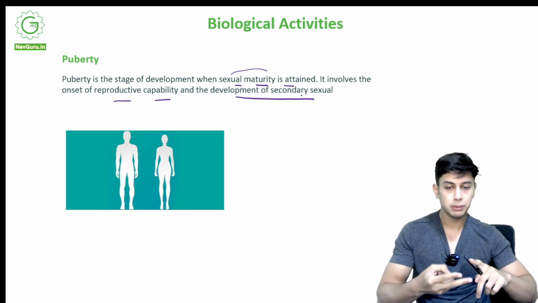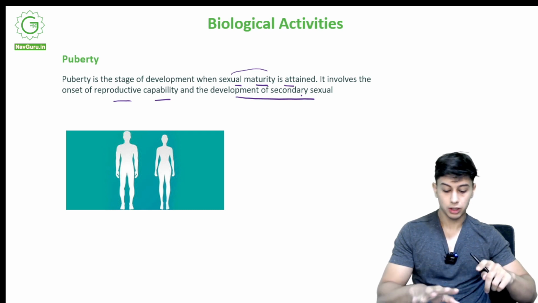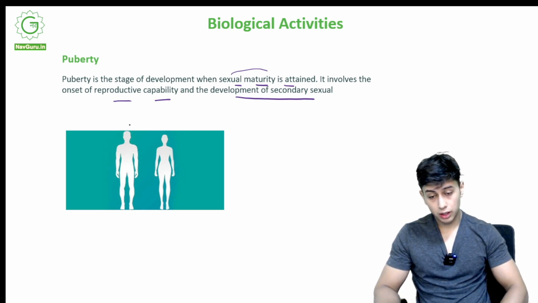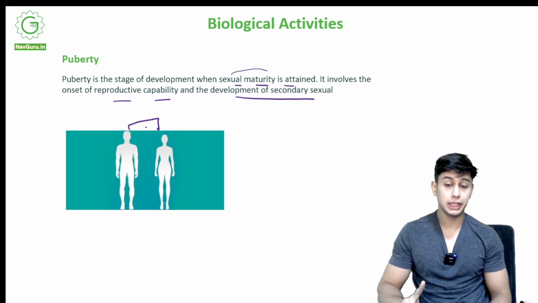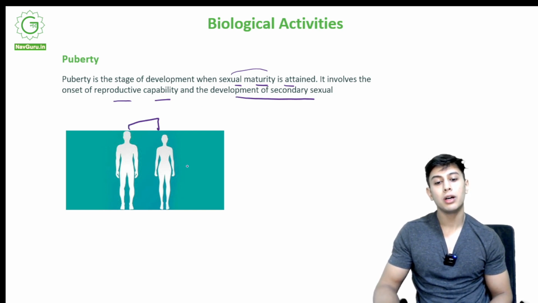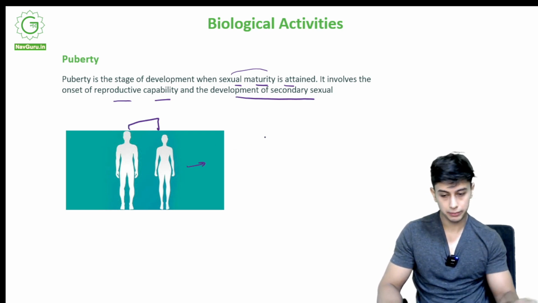This happens in both men and women. Sexual maturity means they can both reproduce to form offspring. That stage at which humans attain sexual maturity is called puberty.